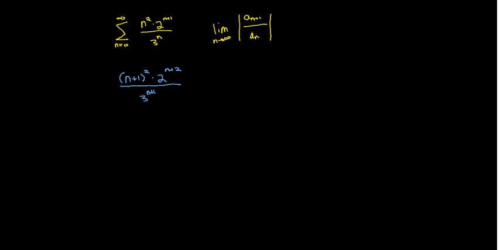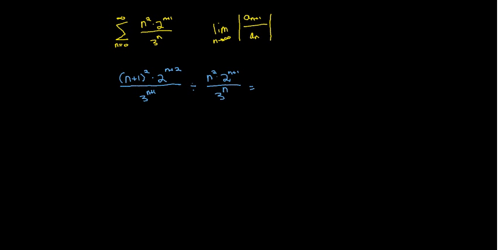Alright, we're going to divide that by n squared times 2 to the n plus 1 over 3 to the n. Of course, we're going to turn that into multiplication. So let's do that here.